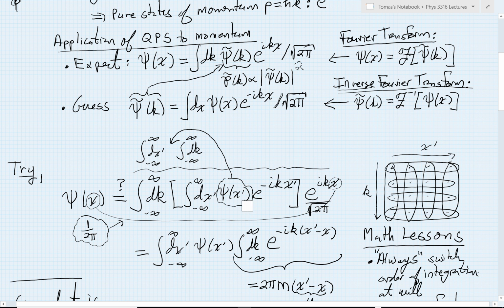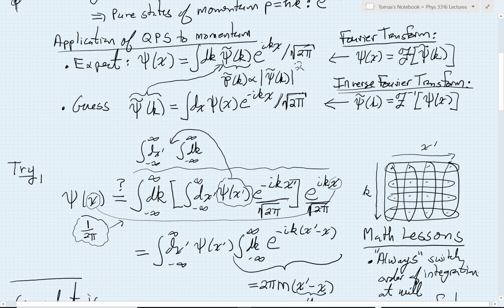Then when I substitute into the brackets, according to this analysis, I would have a 1 over square root of 2 pi next to the e to the minus i kx. So here I would have a 1 over the square root of 2 pi. I would have such a factor there.